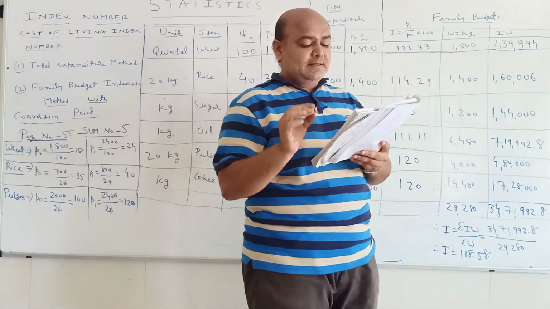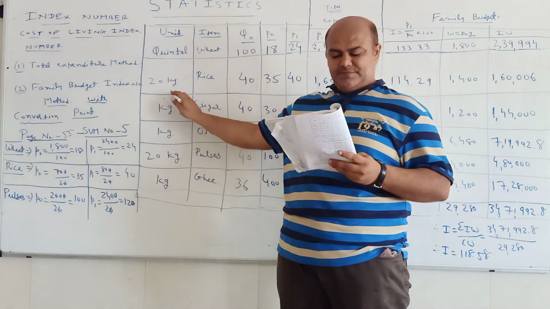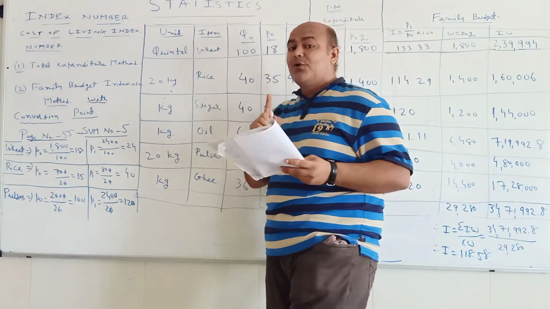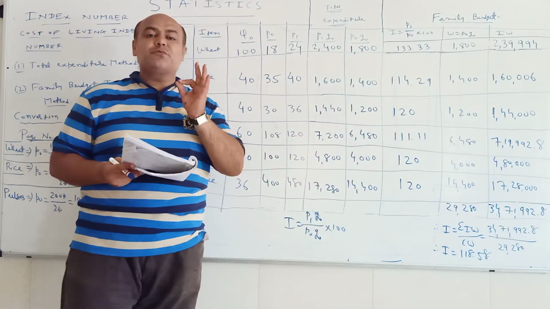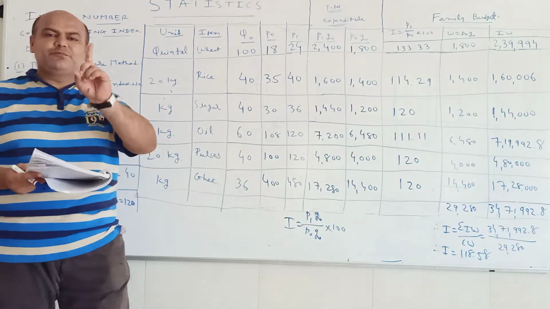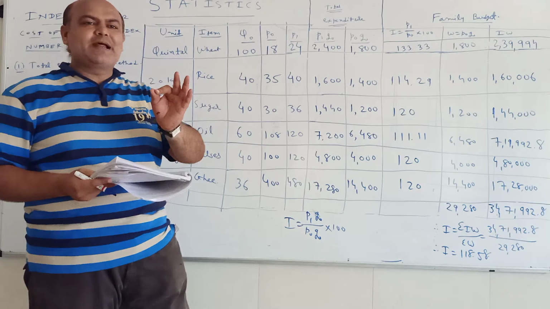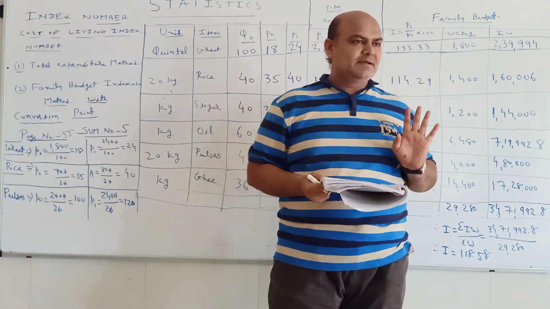In rice, they provide the unit 20 kg, but as we all know, we do not require price of 20 kg. We only require price of 1 kg. That's why both the prices are divided by 20.